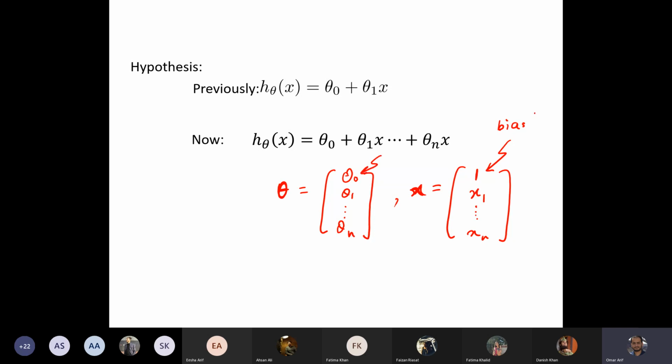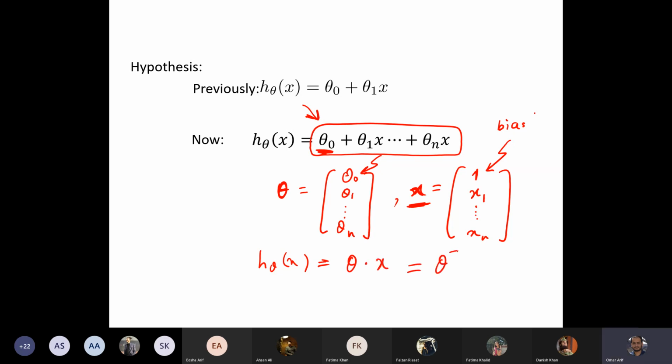Basically, this is the bias parameter, and the reason is that the hypothesis has this parameter theta 0, which is being multiplied by 1. Therefore, when you write the hypothesis in the form of a vector, you need to append your feature vector with this 1, just to make this vector multiplication equivalent to the value here that we have. So this gives us theta transpose x.